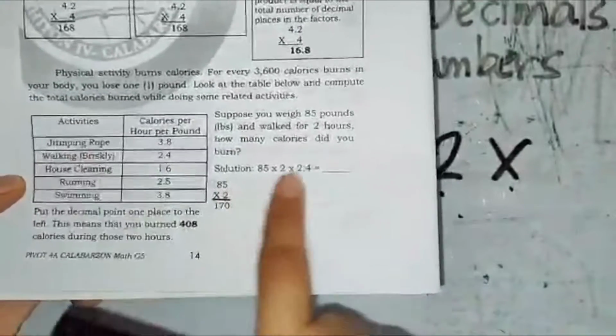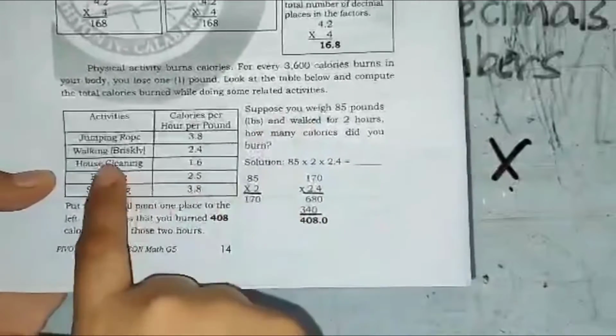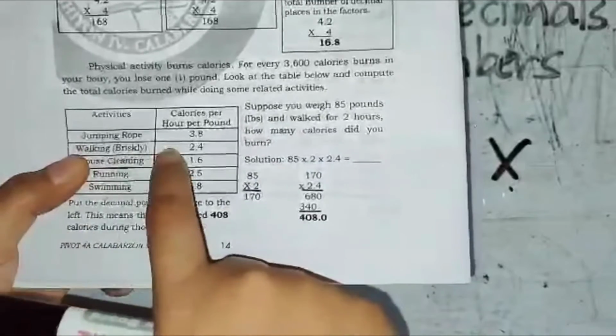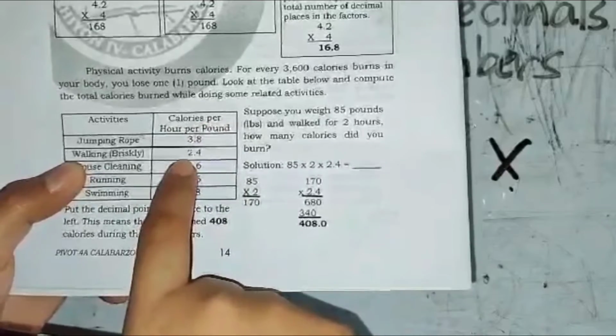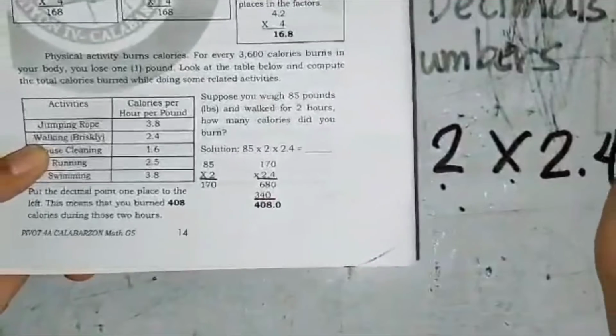Okay, so since ang nakalagay dito ay walked, that means the activity is walking. Okay, so ang walking ay ito. Ikalawa sa ating table, calories per hour per pound is 2.4. So, yun ang isusulat nyo.